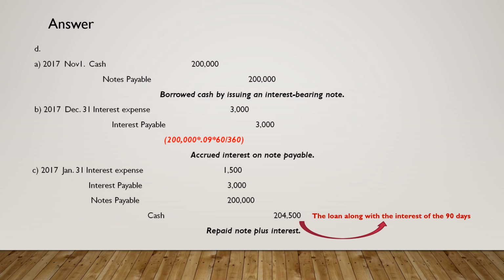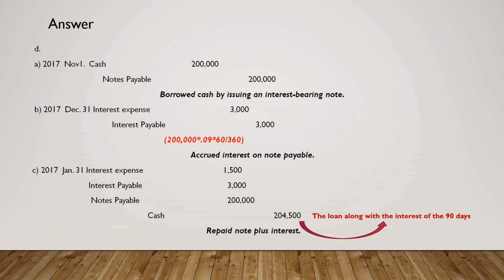Moving to the last entry you want to record, which is on the maturity date. On the maturity date, as we agreed with each other, I pay the amount of the principal, all of the 200,000, along with the interest of the 90 days, which means this 3,000 along with the 1,500, the interest of the 1 month in 2018. So the entry will be as follows. I first debit the interest expense for the month of January in 2018 because I have not recorded it yet.